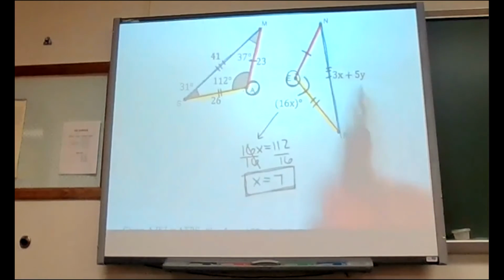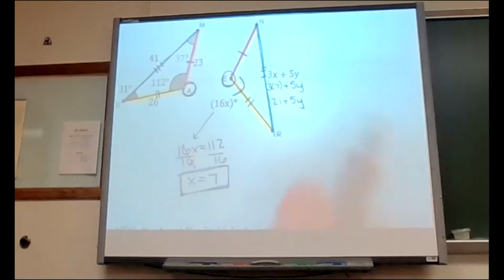Now that I have x, I can find y. So this one I couldn't have started here, right? Because I have both an x and a y. But now that I have x, I could plug that 7 in and rewrite this side as 21 plus 5y. And this side, 21 plus 5y, what is it equal to?